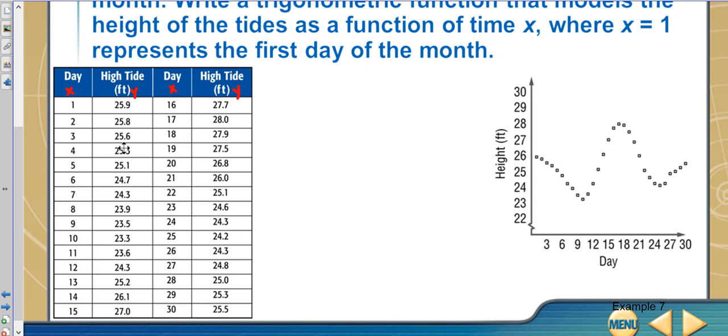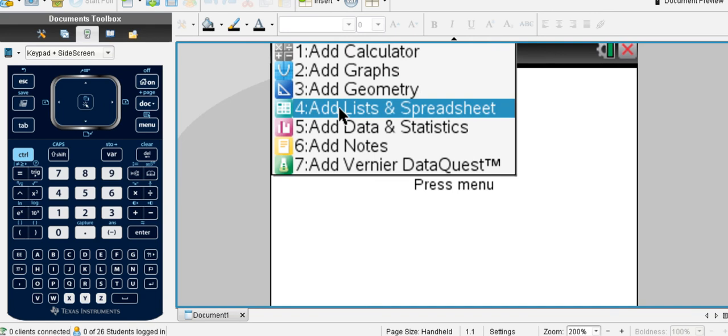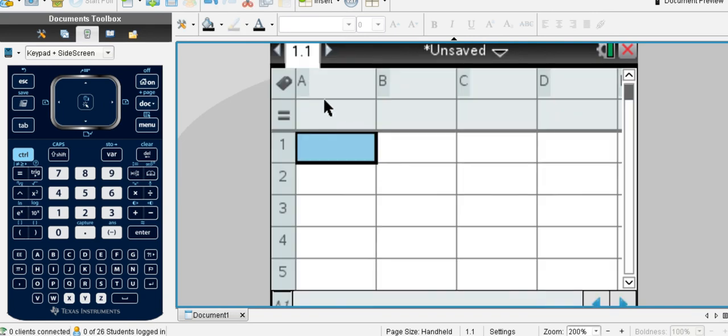Now what I'm going to do is go to the calculator. From here, we're going to take these values and enter them into our calculators and do a regression. So I'm going to go up here to lists and spreadsheets. Now this is going to take a while, so I'll pause the video and pick back up after I type them in.